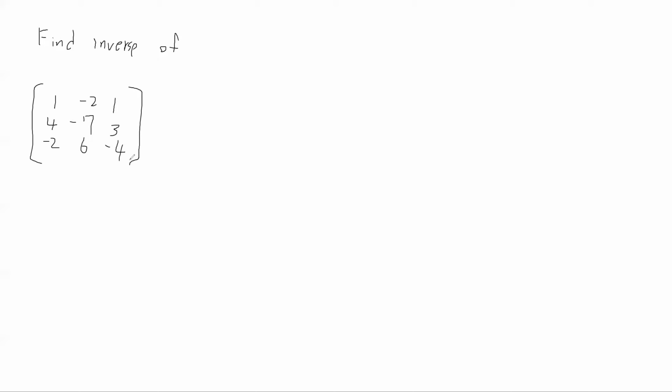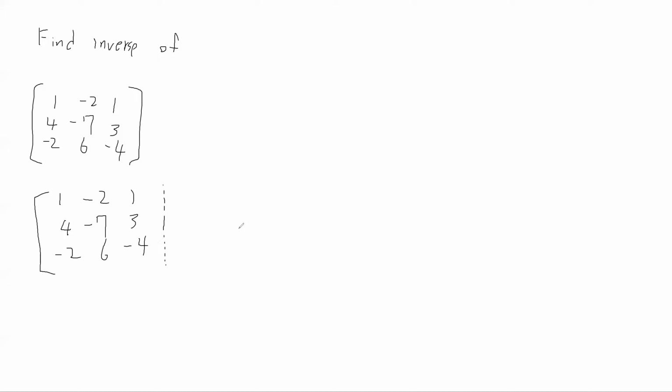We want to find the inverse of this 3 by 3 matrix. Now, theorem 7 tells you how you can do that, but I'm just going to give you a quick idea on what we're going to do. So we're going to set up a new matrix, and I'm going to set it up like this. First, let me copy down the matrix, and then I'm going to split that in half.